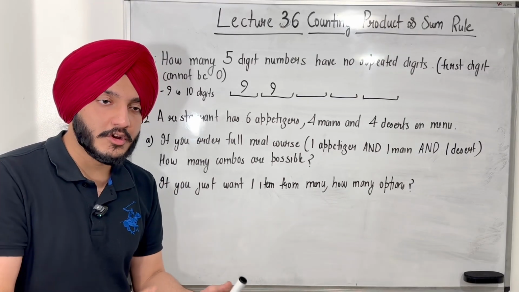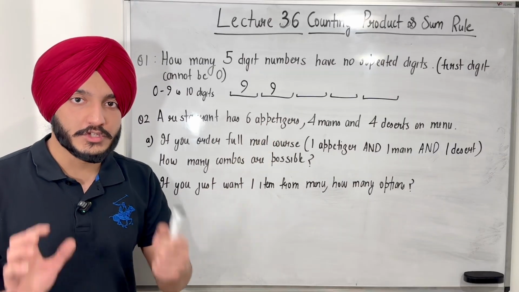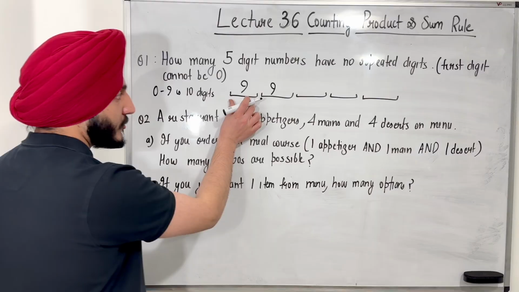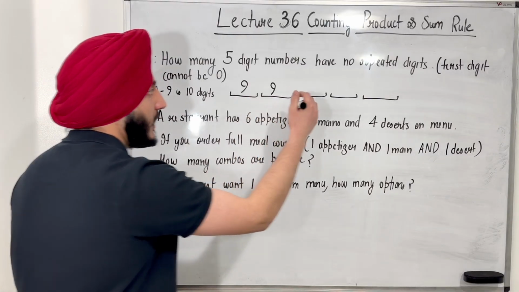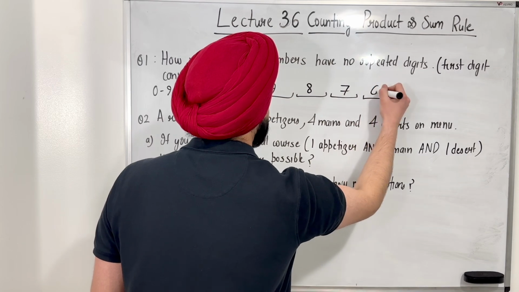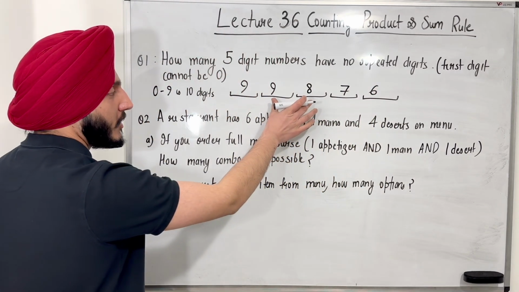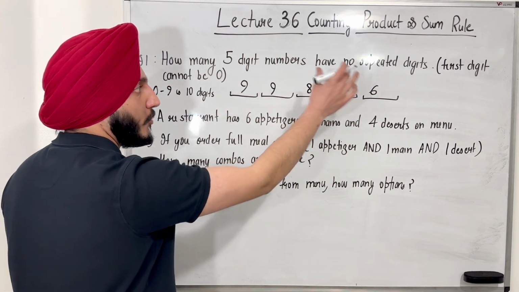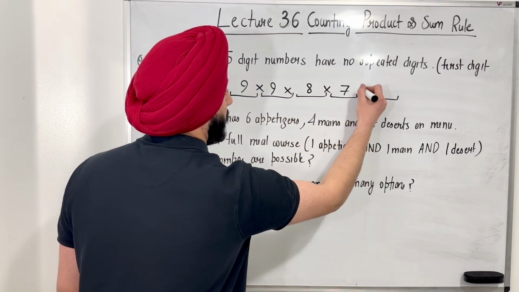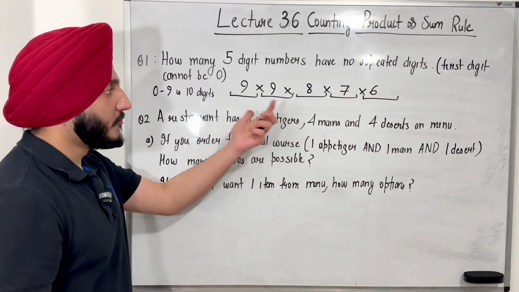Now in the second digit, I could use 0, 2, 3, 4, 5, 6 until 9. So 9 for the first position, 9 for the second. Now from the third one it would be 8, 7, 6. And the total number of 5-digit numbers with no repeated digits is 9 multiplied by 9 multiplied by 8 multiplied by 7 multiplied by 6, and that would be your answer.